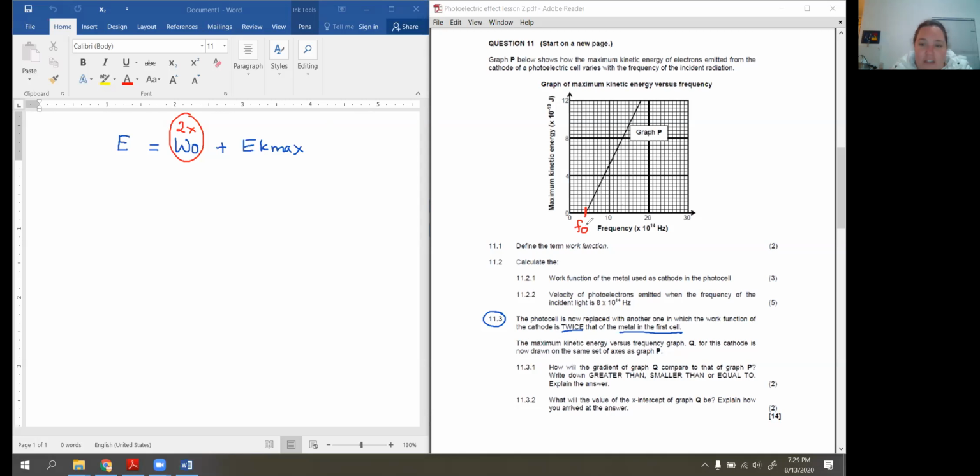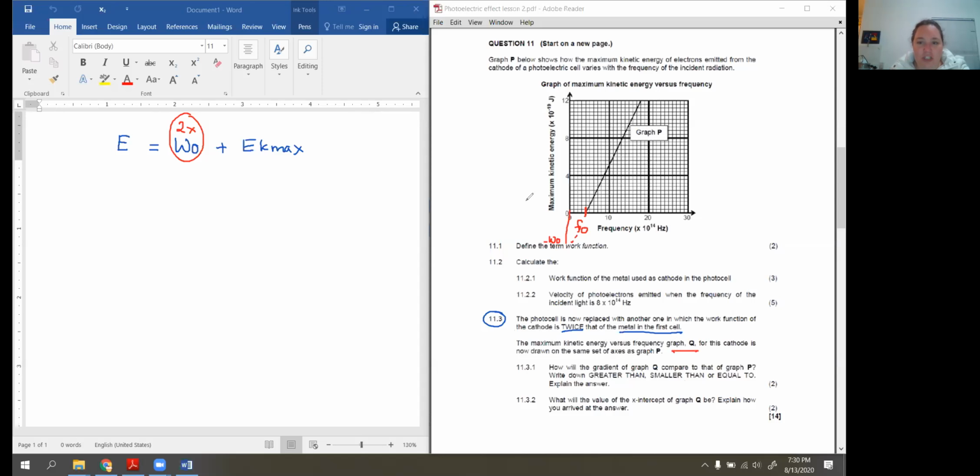Effectively, my work function, badly drawn down to there, is the negative y-intercept. So this new graph is going to be drawn onto the same set of axes. They're now saying that this is graph P, and we're going to draw on graph Q.